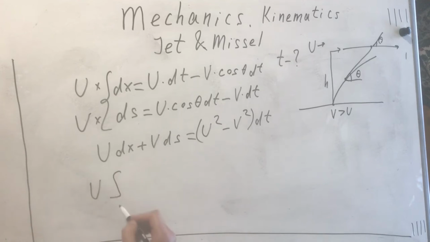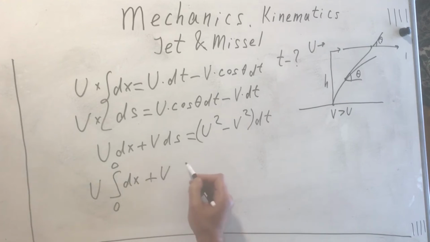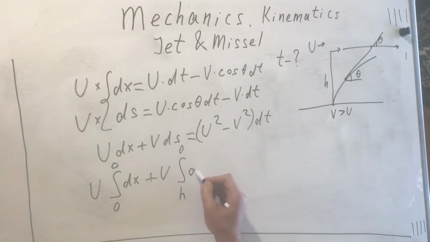We have u multiplied by the integral of dx, where x goes from 0 to 0: the initial value is 0 and the final is 0, because they will meet each other. And we have v multiplied by the integral of ds, where the initial is h distance and the final is 0.